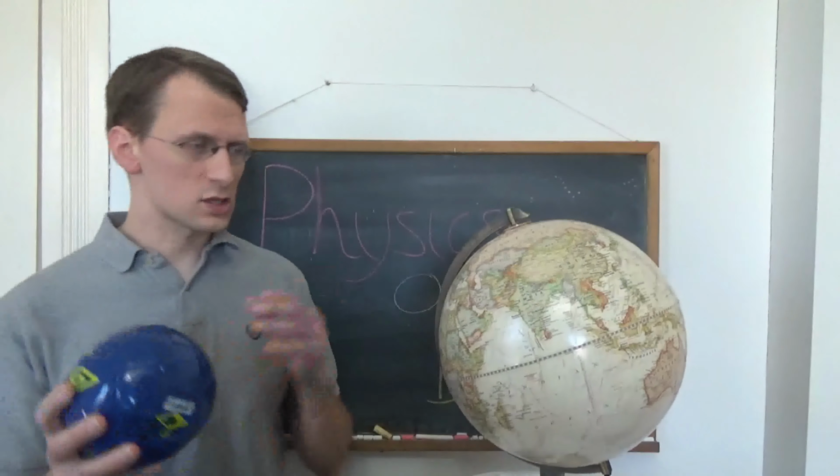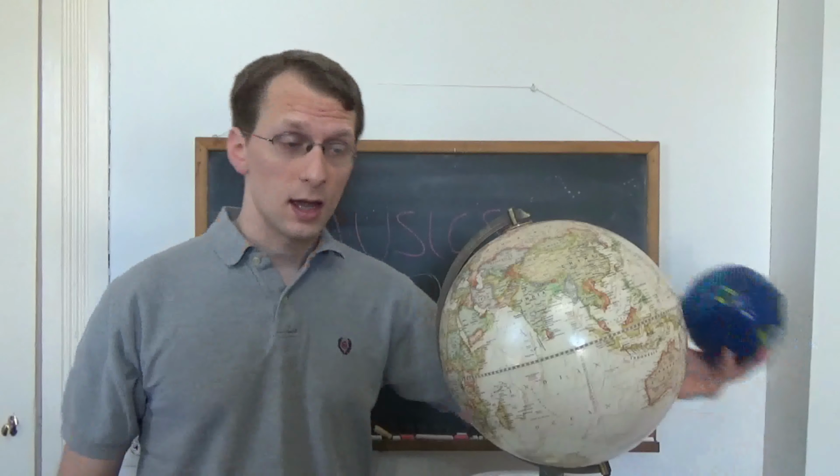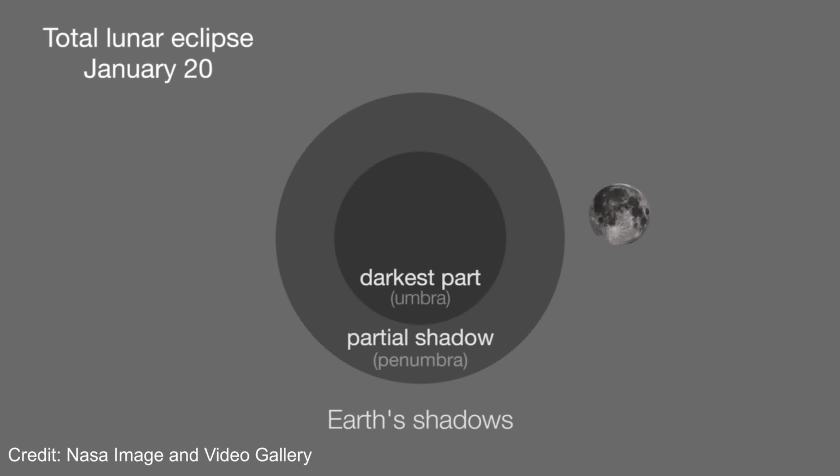Now, when they swap positions and the moon is on the back side of the Earth, that's when you have lunar eclipses. And we do have total lunar eclipses where the moon passes into the umbra of the Earth's shadow.